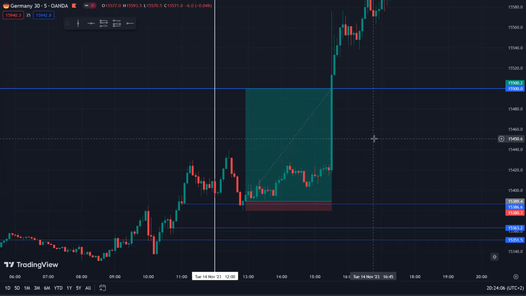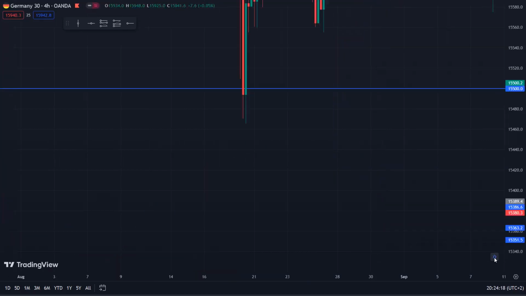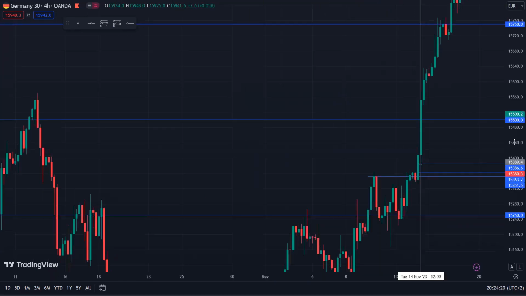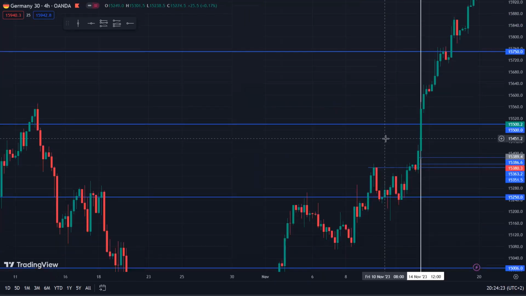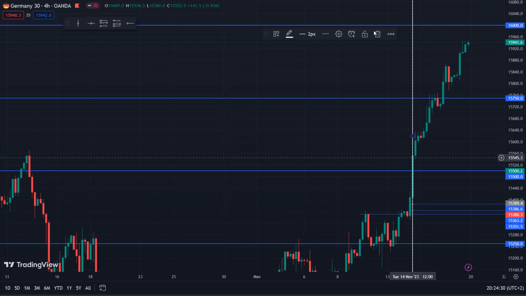Let's focus on our H4. That's going to be our first, and immediately the market opens up for us. Then we are going to have our second entry.